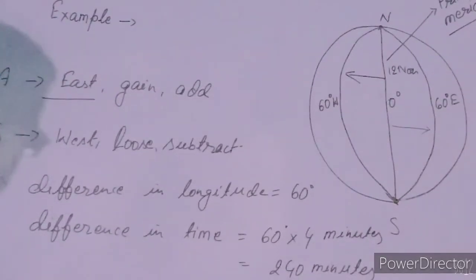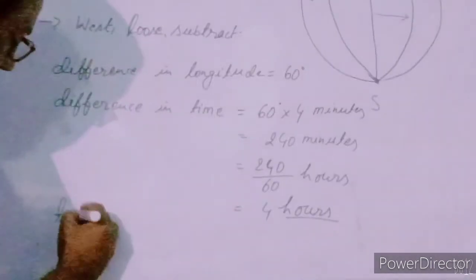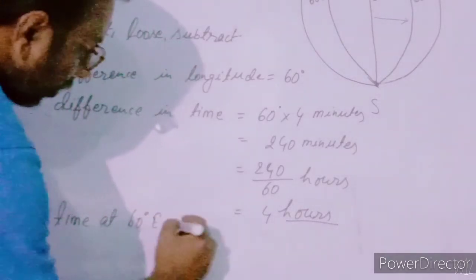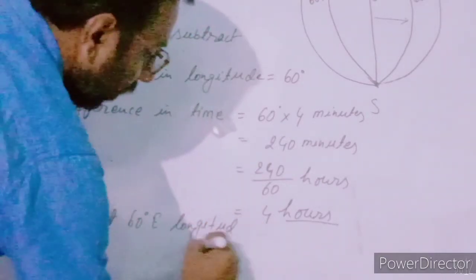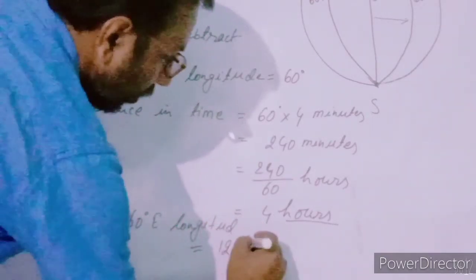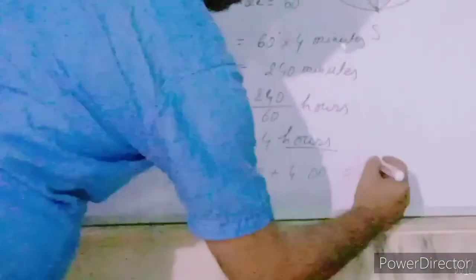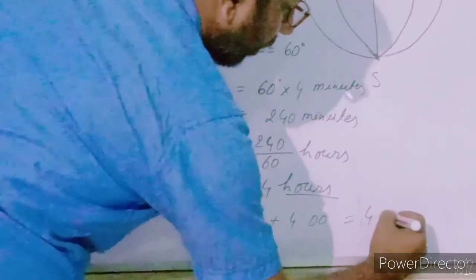So ultimately we write the time at 60 degree eastern longitude equal to 12:00 plus 4:00, equal to 4 o'clock evening, or we say 4 p.m. Time is added towards east.